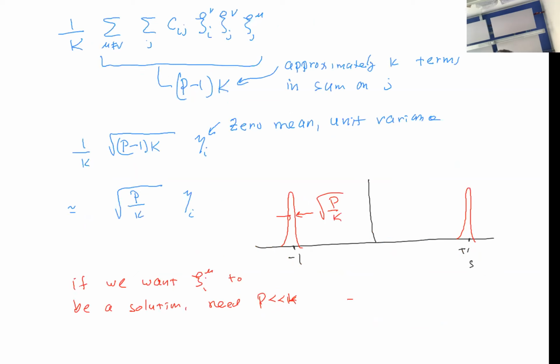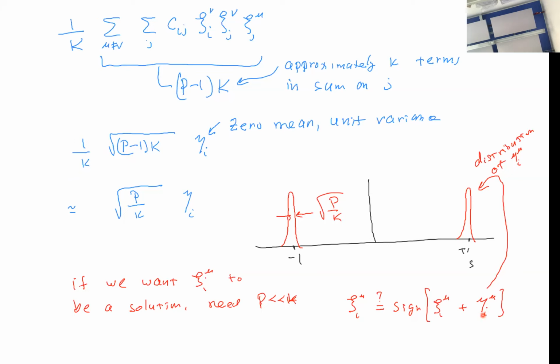What we end up with is squiggle I mu equals sine of squiggle I mu plus some noise A to I mu. And this A to I mu has a distribution with respect to this index I. Every time there's a different I, this comes out to be a different number.